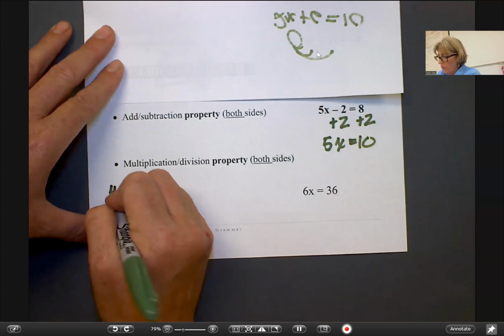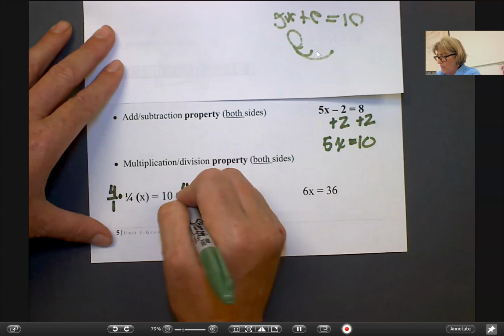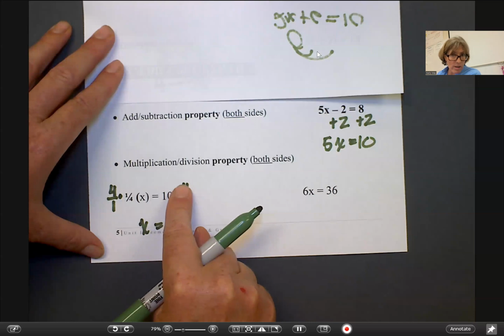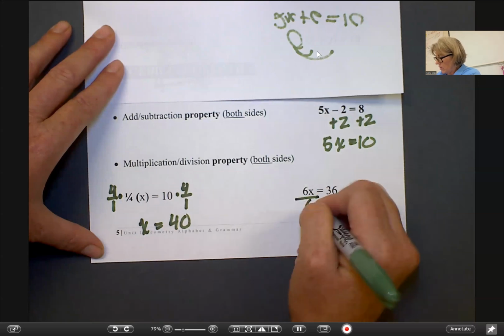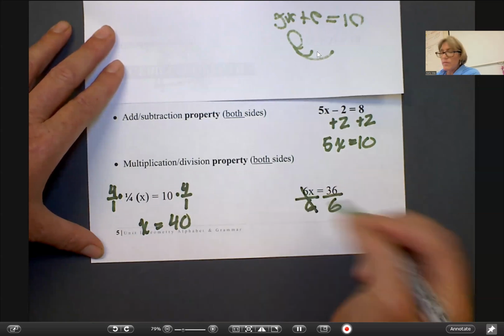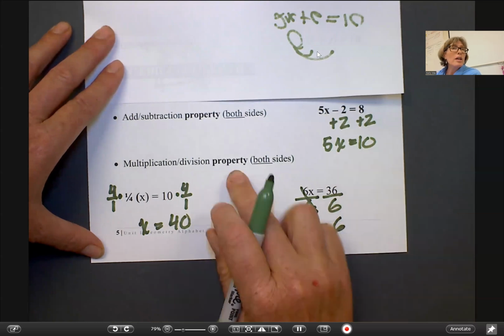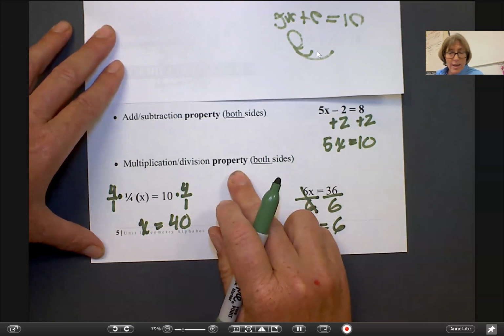I'm going to times by 4 over 1, both sides. Multiplying across the equal sign, both sides, that's the multiplication property. Dividing both sides, that's called the division property.